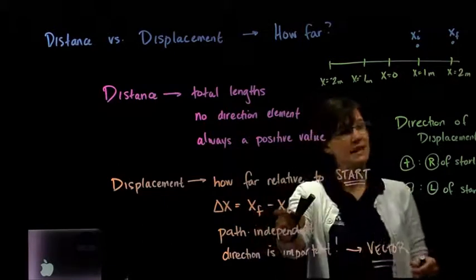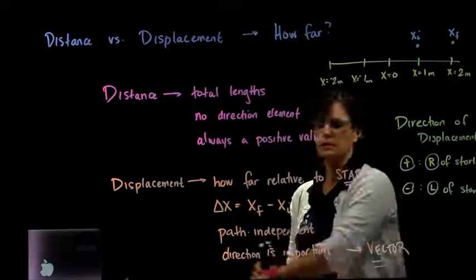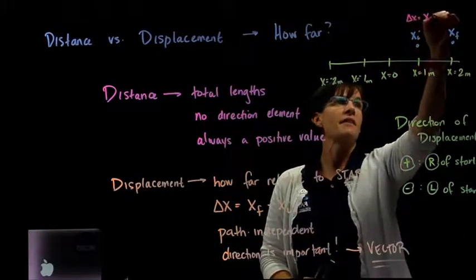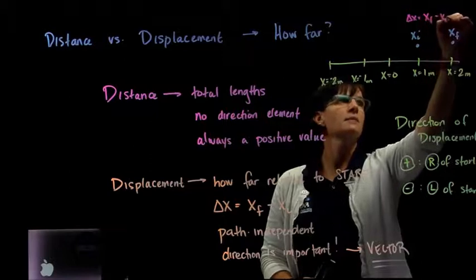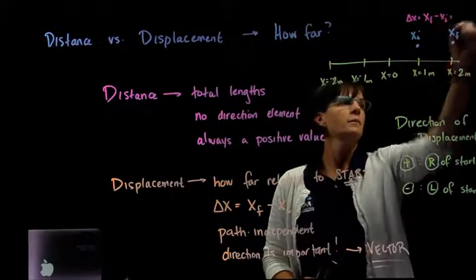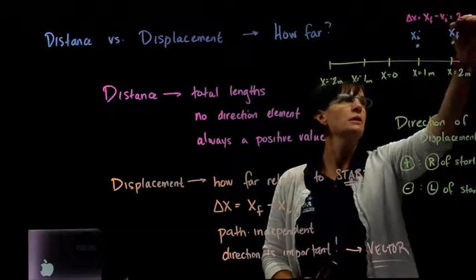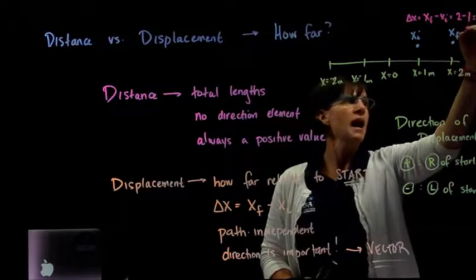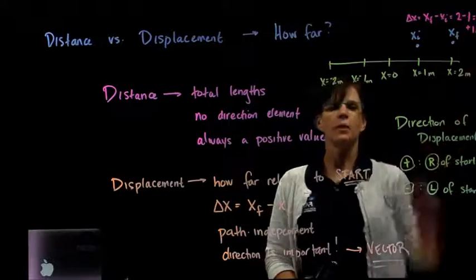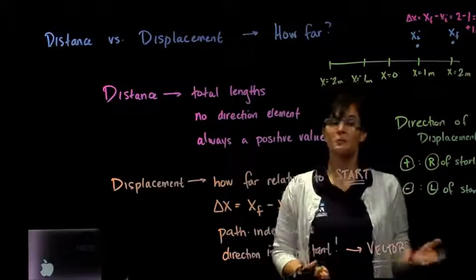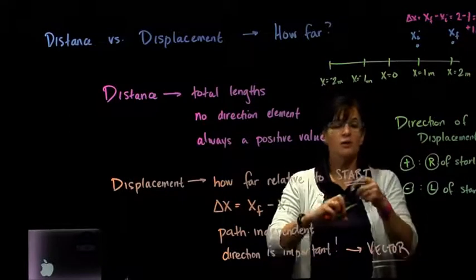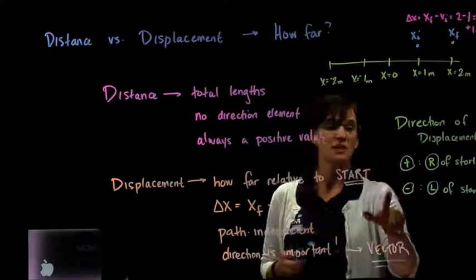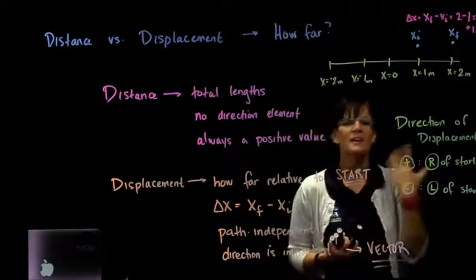Well, displacement is my final position minus my initial position. My final position is 2. My initial position is 1. This gives me a positive 1 meter. It's positive. It's to the right. So the math comes out giving us the direction that should be consistent with how we've defined it.